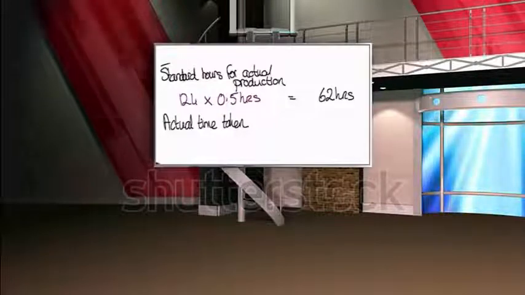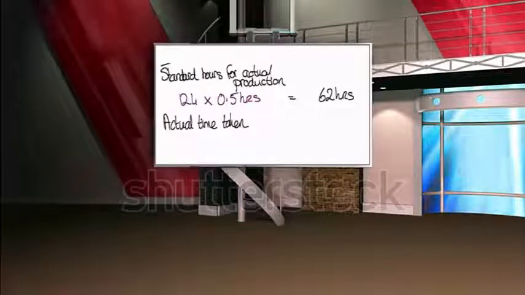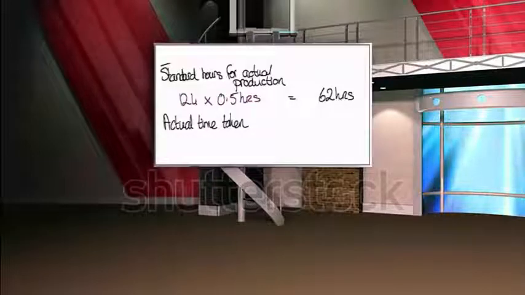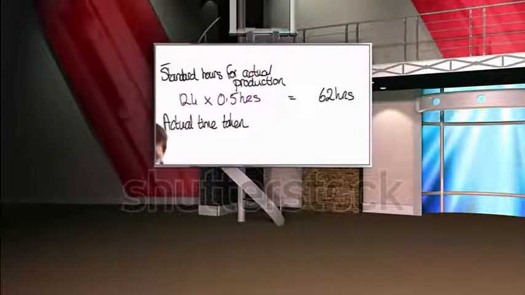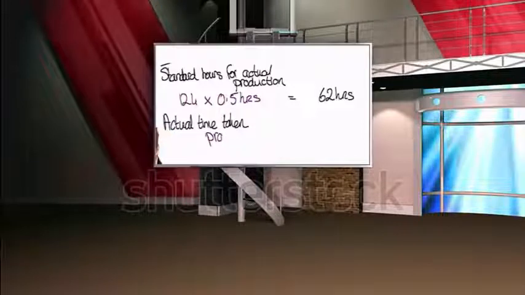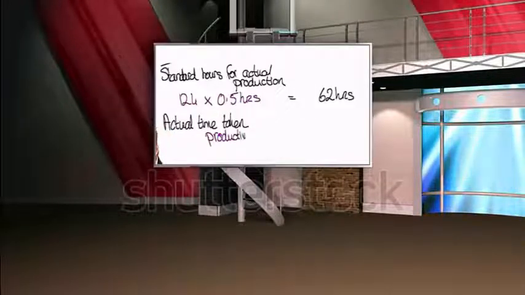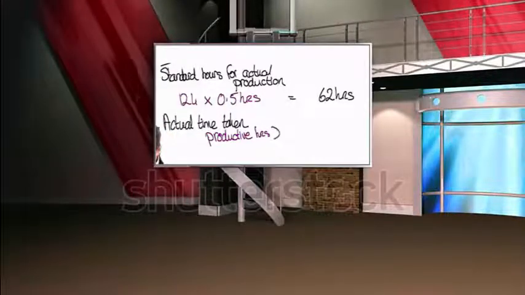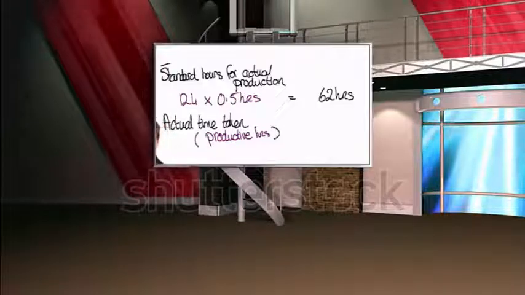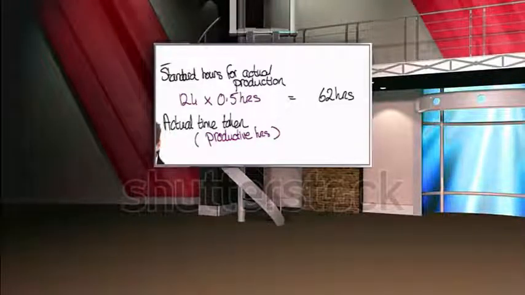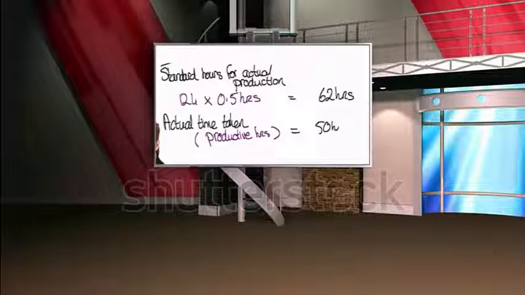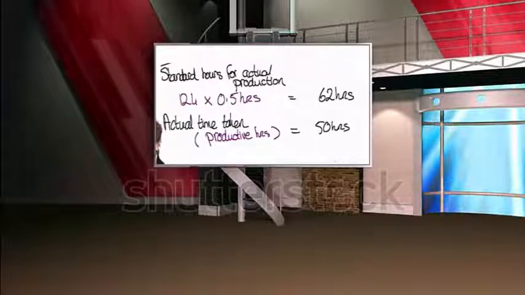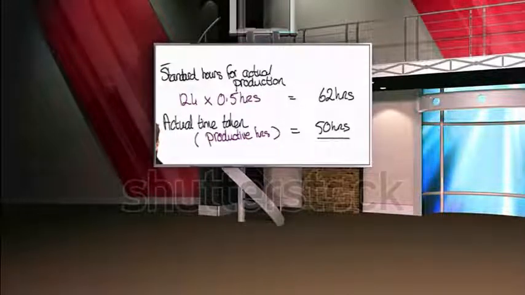It has taken Johnson 50 hours to produce these units. So when we're looking at the time taken, we're looking at the productive hours, so the hours where she was physically able to be producing units. And we said that her productive hours were 50.